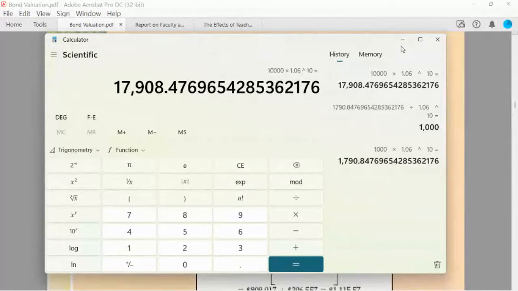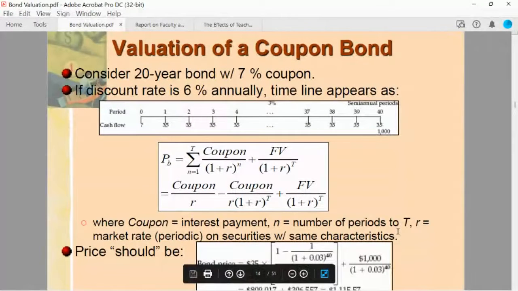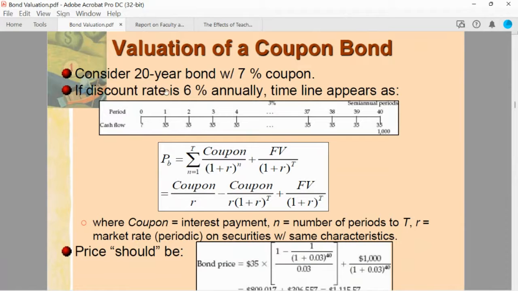Make sense? This is just an analogy. Think about it. If you have a bond that will generate these future cash flows, $70 per year for the next 20 years, and the coupon rate is 7%, so $70.